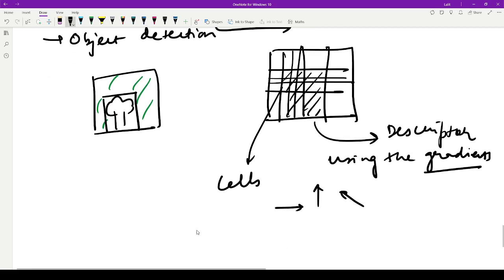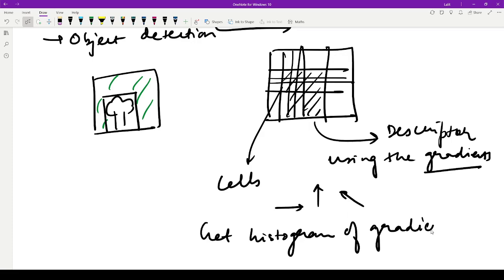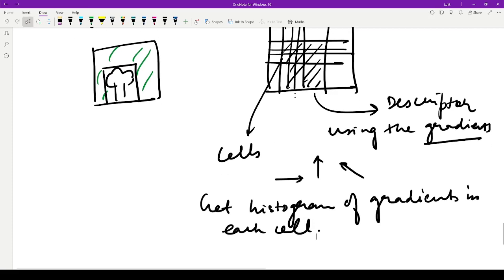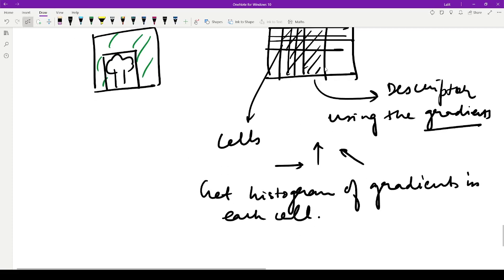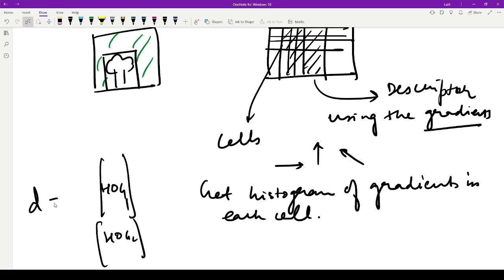So get the histogram of gradients in each cell. Once you have the histogram of gradients in each cell, since you have multiple cells, you can concatenate them: histogram of gradients of cell one and then cell two. And what this ultimately gives is the descriptor.